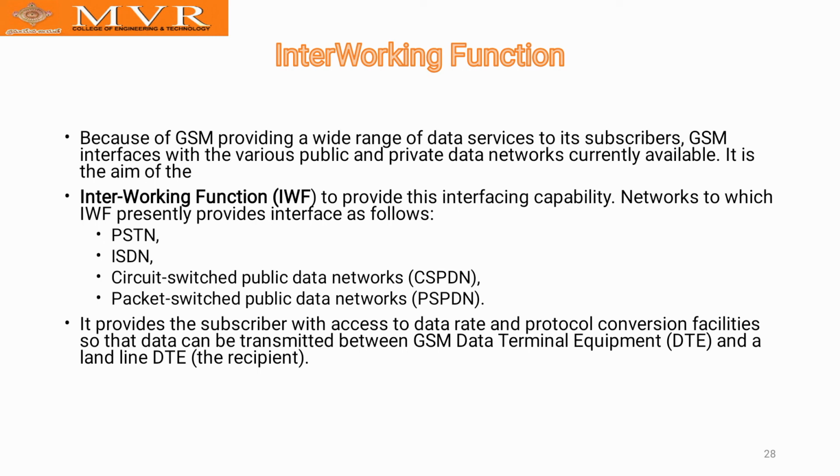The circuit switched public data network is CSPDN and the packet switched public data network is PSPDN. It provides the subscriber with access, data rate and conversion facilities so that data can be transmitted between GSM data terminal equipment and a landline terminal equipment.